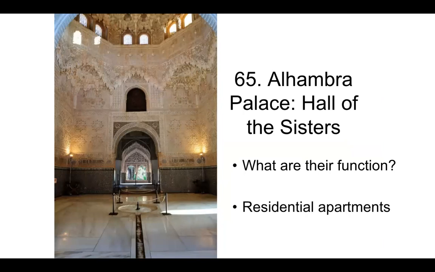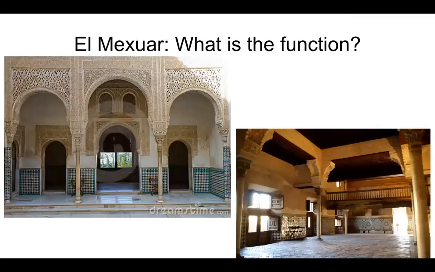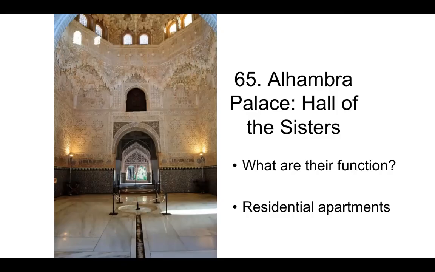The Hall of the Sisters was residential apartments for the family of the ruler. And they too have some of these water features and channels. You can see all that marble on the surfaces. And of course, all of this has an emphasis on using organic detail in a geometric pattern.